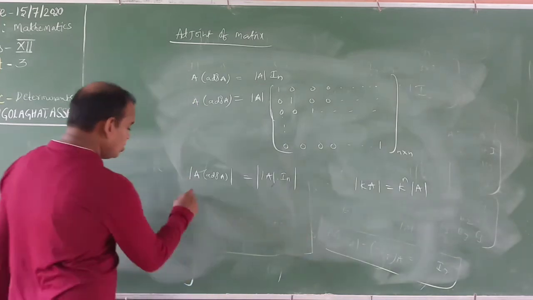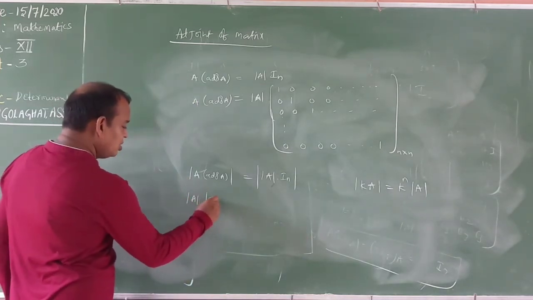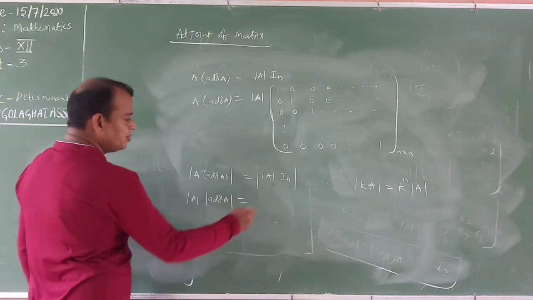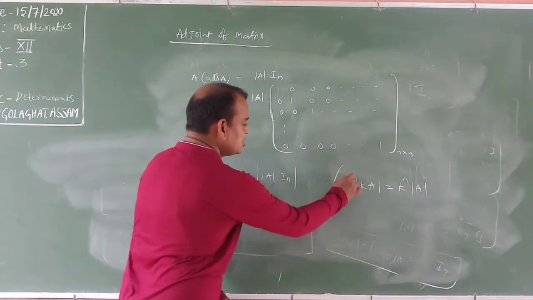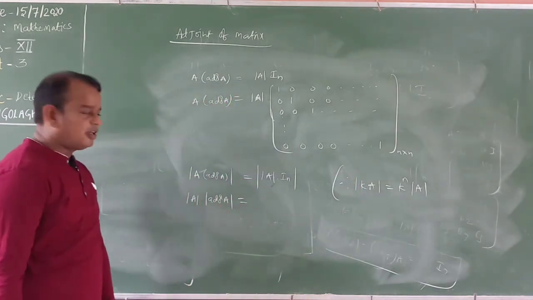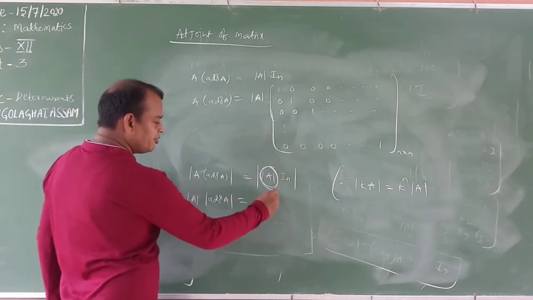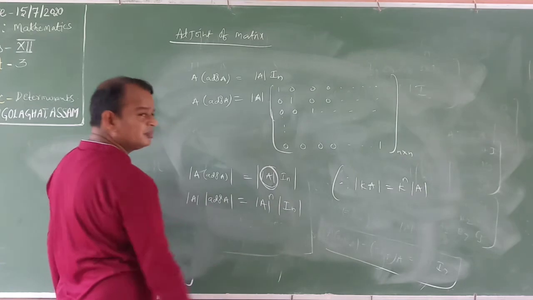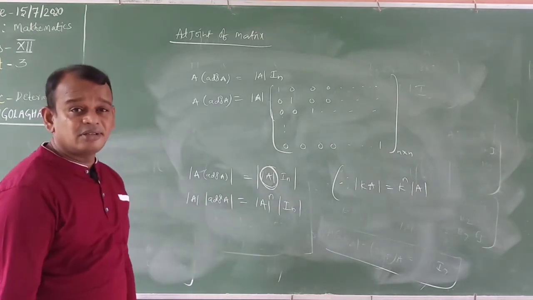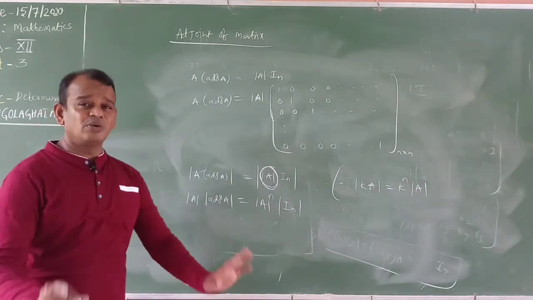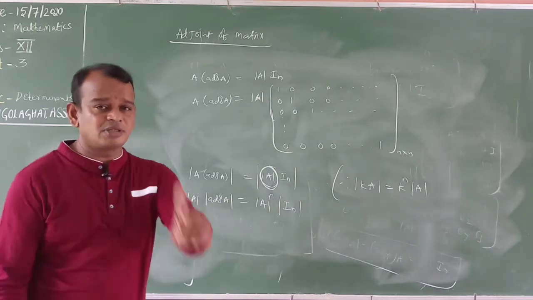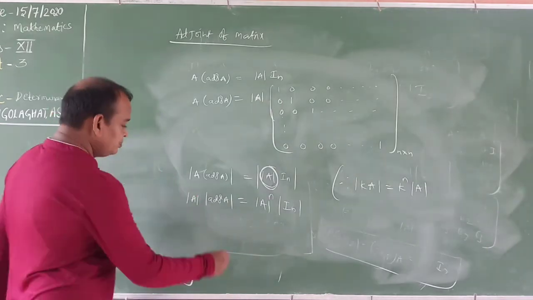Now det A into the determinant of adjoint of A is equal to the determinant of kA, since the determinant of kA is k power n into det A. Here too the scalar is det A, so it becomes det A power n into the determinant of I_n. What is the determinant of the identity matrix? Whether it is 2 by 2 or 3 by 3, it must be equal to 1.